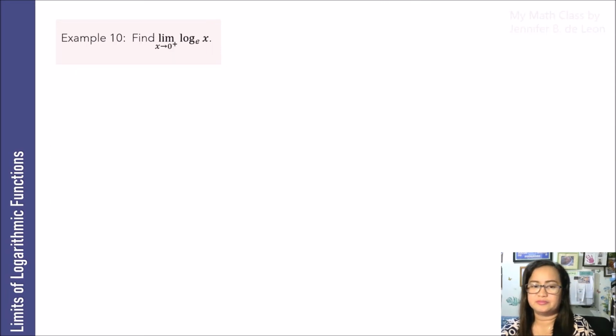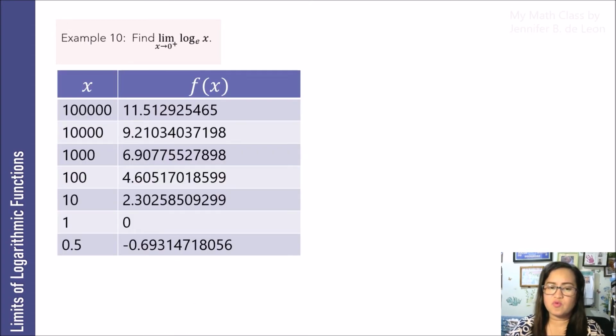Okay, now let's have the Euler number again. Here we have to plot the graph, or you can use the tabular method. As the value of x approaches 0 from the right, you choose a big number and go to smaller ones until we reach 0, or a number that is closer to 0.